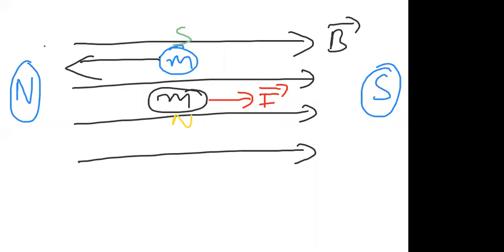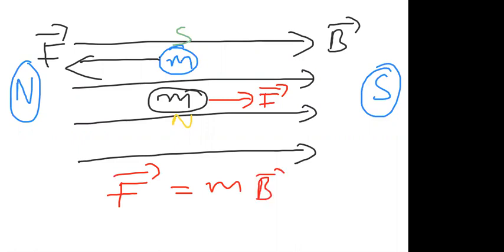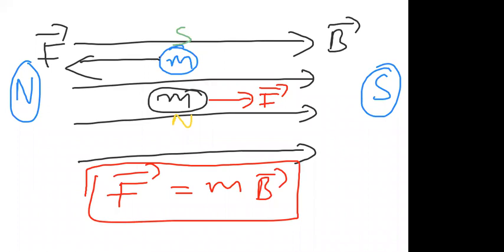This force we call F bar. What is the force formula we can write? The force formula is simply F bar is equal to M into B bar. We have written it, well done.